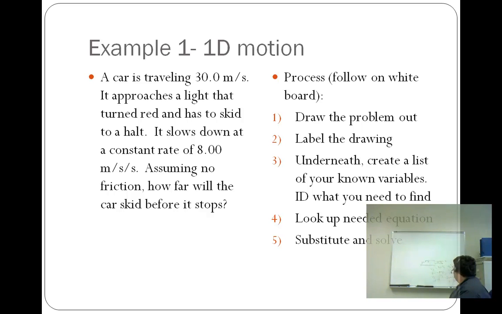But let's check units here. We're going to do some dimensional analysis. VF squared, that's meters per second, and that's squared, equals meters per second squared, plus meters per second squared, like that, times meters. Well, does that actually work out?